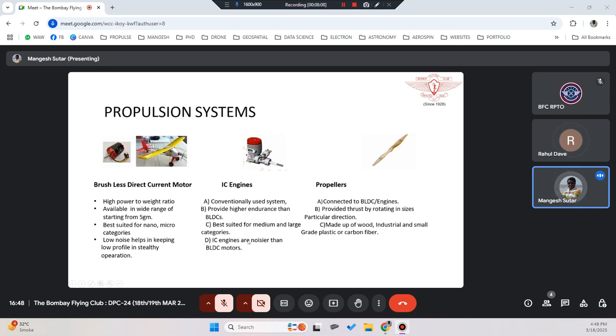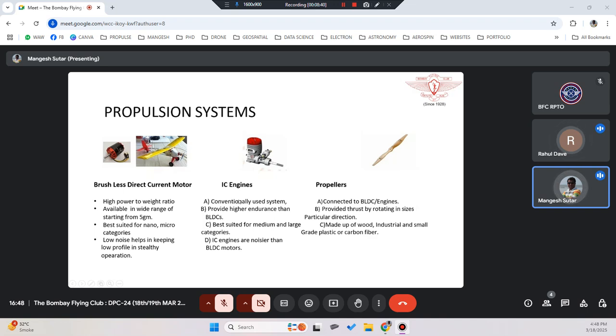IC engines are, however, noisier than BLDC. But if you are using an IC engine, they will be flying at 20,000 feet, so you will not be able to hear that noise. Noise will be audible only when you are near the ground or on the runway. When it is at 20,000 feet, you will hardly hear the engine noise from that location. Compared to the IC engine, BLDC is very quiet.